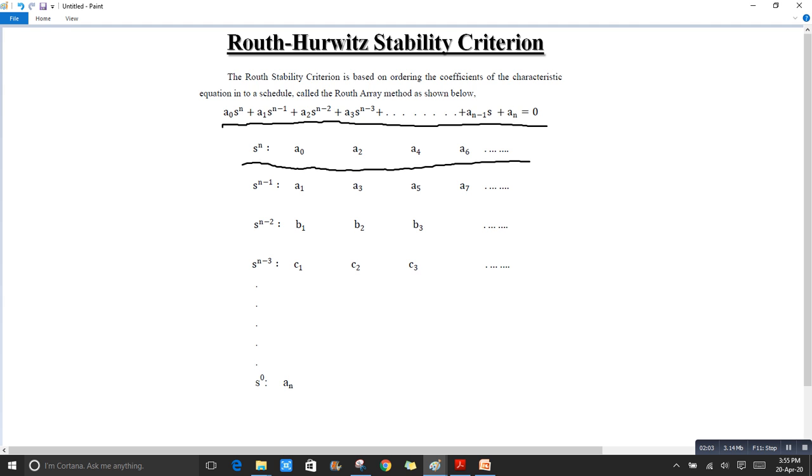So even powers means s^n, s^(n-2), s^(n-4), s^(n-6). These are the even terms.